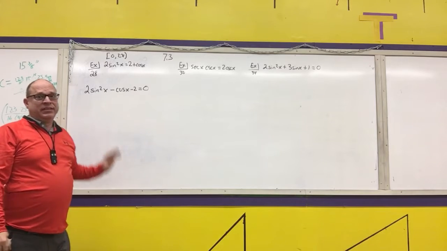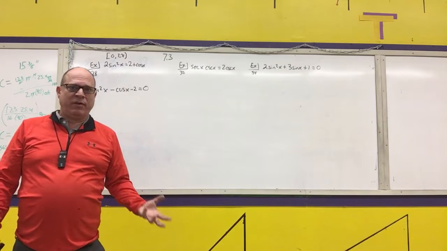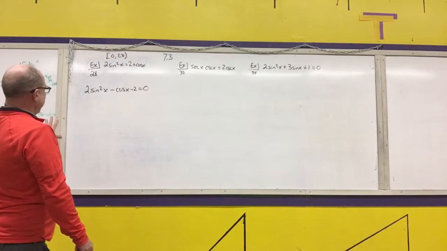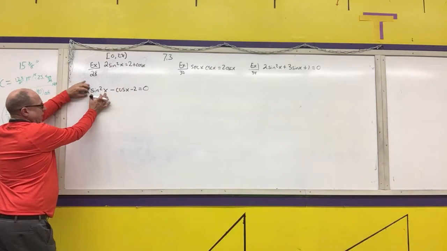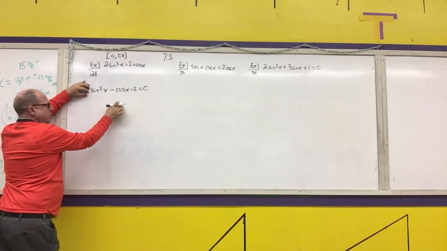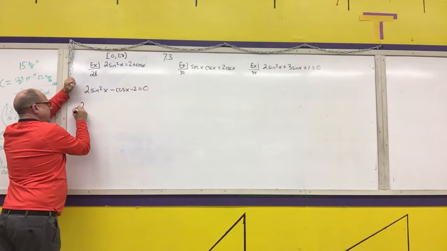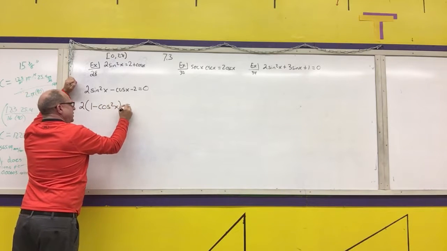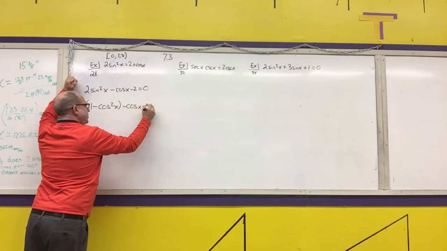I cannot factor it as written, so I'm going to use my 7.1, rearranging things with my trig identities, and recognize that sine squared x is equal to 1 minus cosine squared x. So I have 2 times 1 minus cosine squared x minus cosine x minus 2 equals 0.